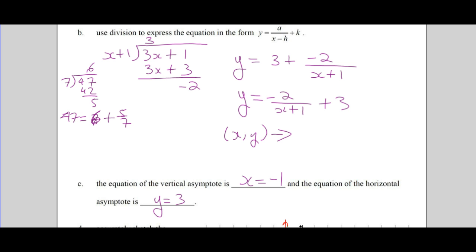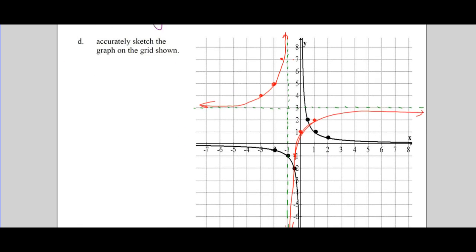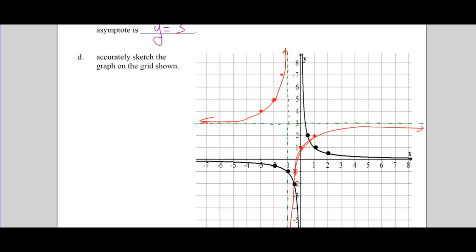What's going on? Is that the mapping? Okay. So where's the point 1, 1 go?